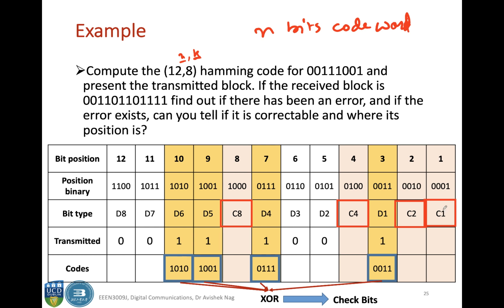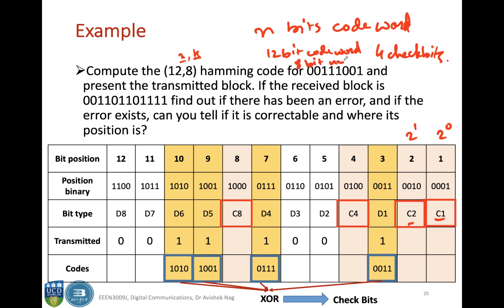The first check bit will be at the 2 to the power 0th position, the next check bit at the 2 to the power 1th position, and so on. From there you could generate the 4 check bits, and then you have a 12 bit code word out of an 8 bit message.